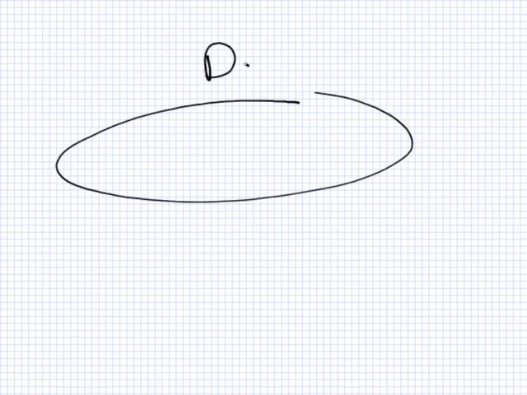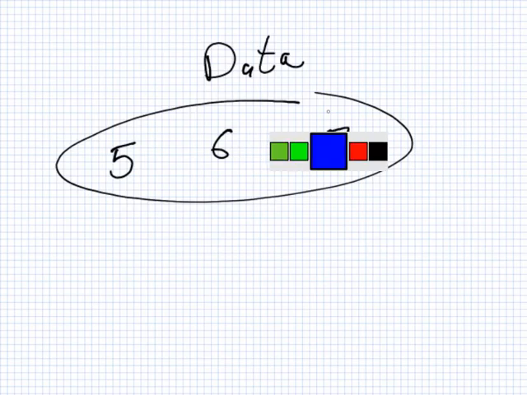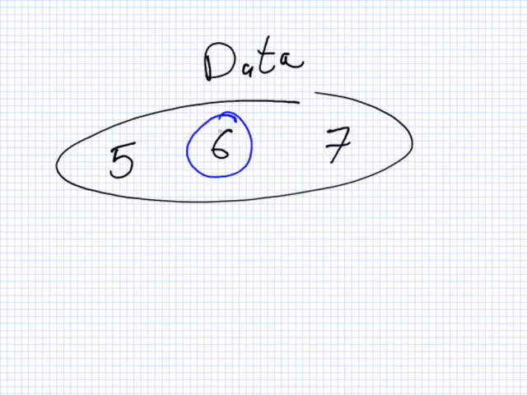Here is 5, here is 6, and here is 7. What's the average here? It's 6. Okay, so the first number, how far is it from the average? How many units away is it? It's just 1 unit away. And 6, how far is 6 from the average? Well, 0, it is the average. And 7, how far is 7 away? 1 unit away from the average.